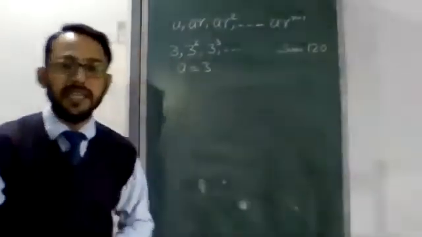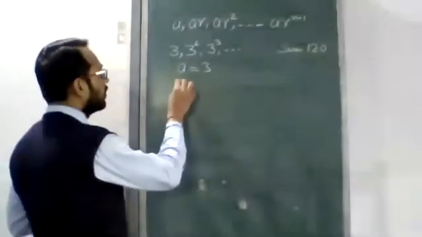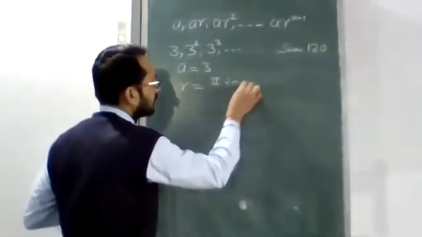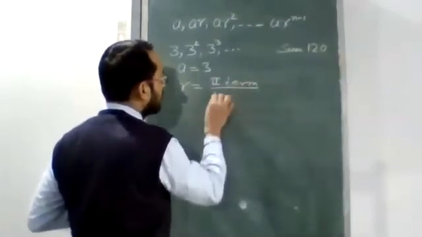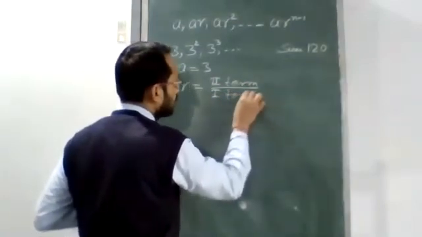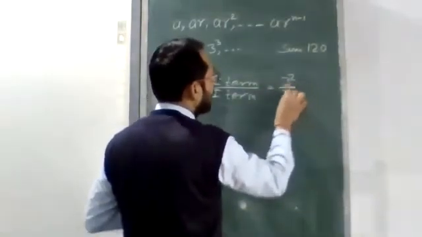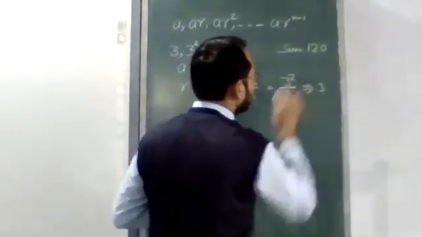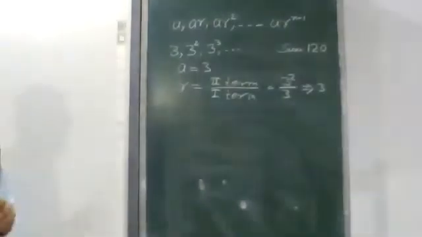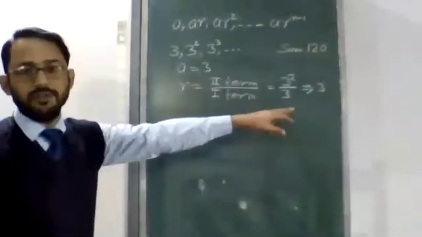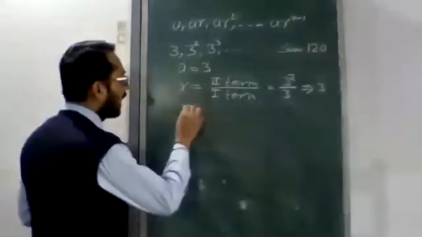So R is the second term divided by the first term. That is 3 square divided by 3, it gives me 3. So R is coming 3. Point to be noticed: A is 3, R is also 3.